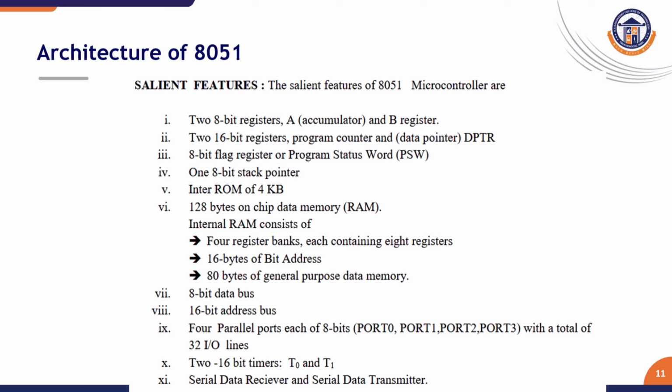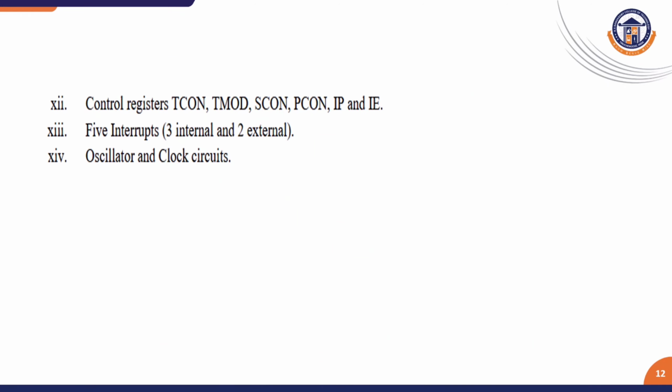Internal RAM consists of 4 register banks, each containing 8 registers, 16 bytes of bit addressable memory, 80 bytes of general purpose data memory, 8-bit data bus, 16-bit address bus, 4 parallel ports of 8 bits each, that is port 0, port 1, port 2, port 3, with a total of 32 I/O lines, two 16-bit timers, that is timer 0 and timer 1, serial data receiver and serial data transmitter, control registers, interrupts, oscillator and clock circuits.